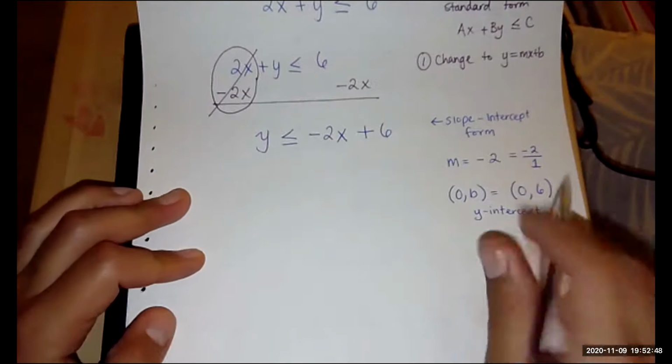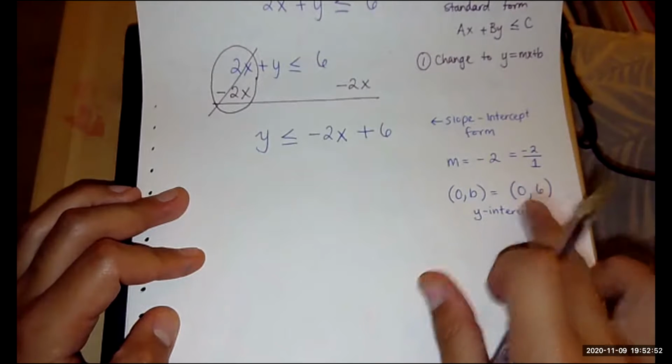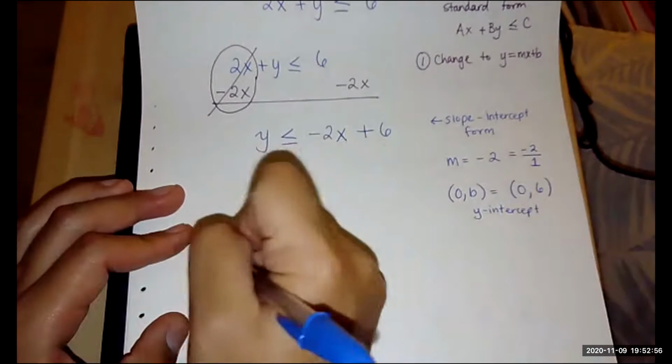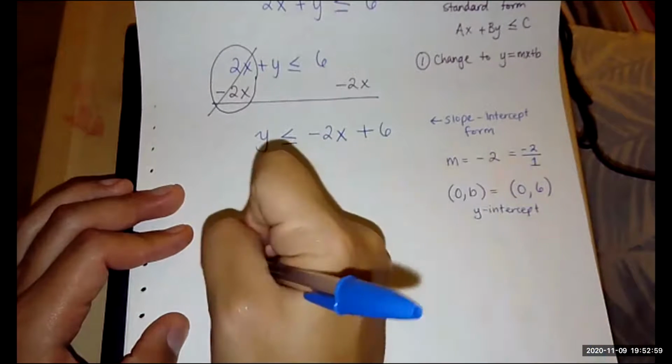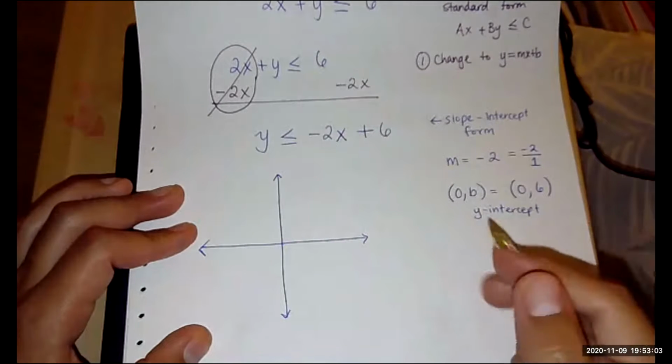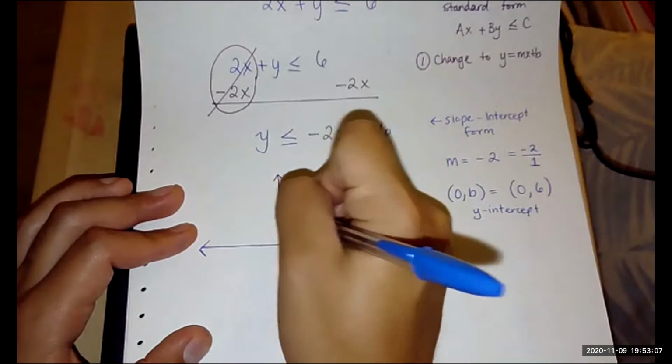But let's go ahead and put the first point. We'll use the y-intercept and the slope to plot the 2 points first. Okay, and then we'll be careful as we draw our line. So we need to be at 0, 6. So 1, 2, 3, 4, 5, 6.